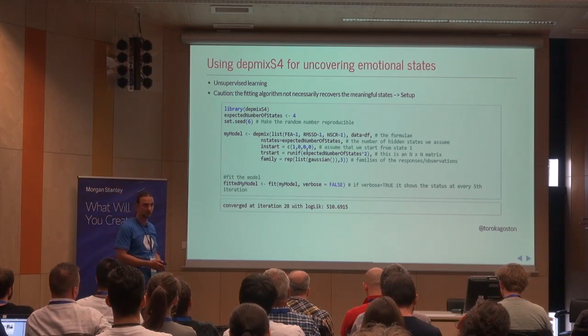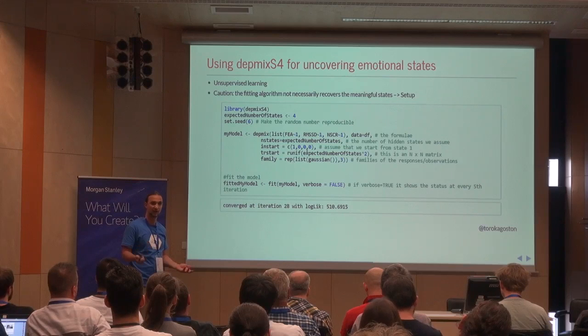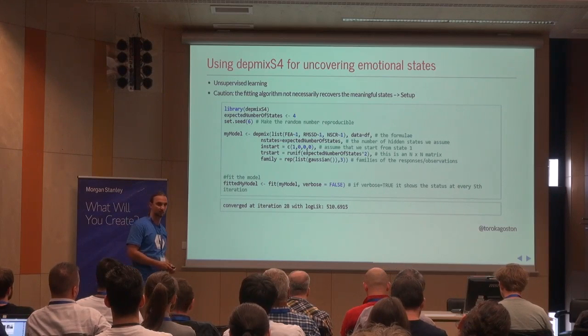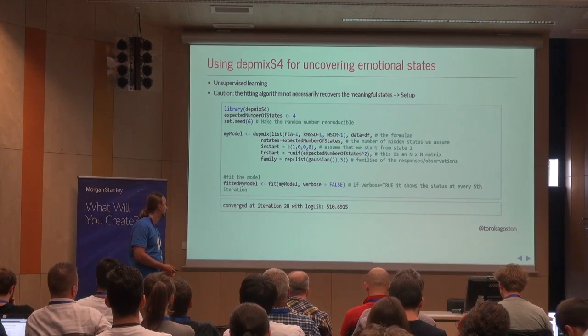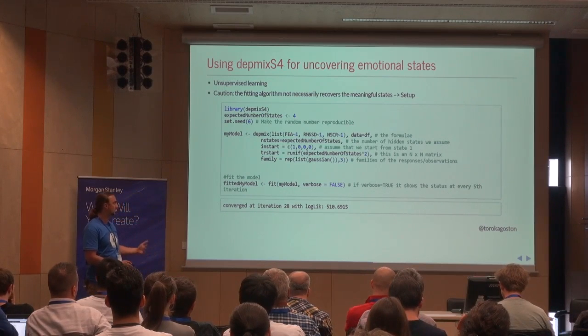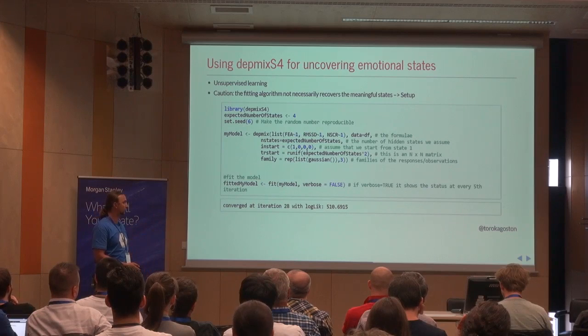But for example, if you use reaction time, you can use ex-Gaussian distributions also, and several other distributions. As you can see, it is done, fitted the model, and it converged.